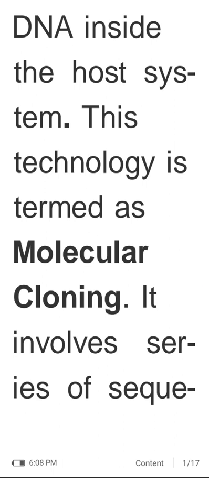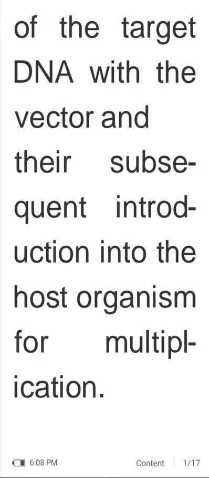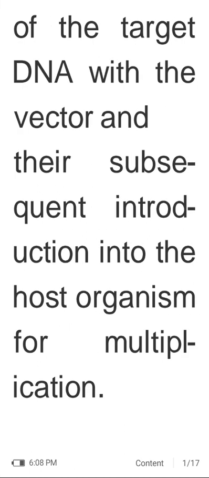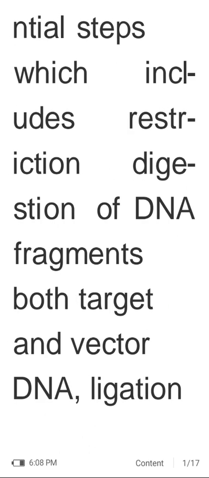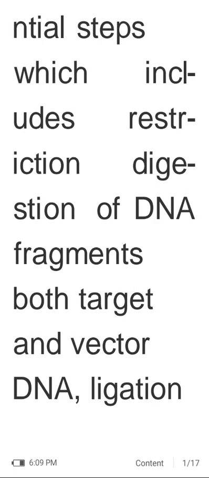It involves a series of sequential steps which include restriction digestion of DNA fragments, both target and vector DNA, then ligation of the target DNA with the vector and their subsequent introduction into the host organism for multiplication. So these are the basic steps in this process.